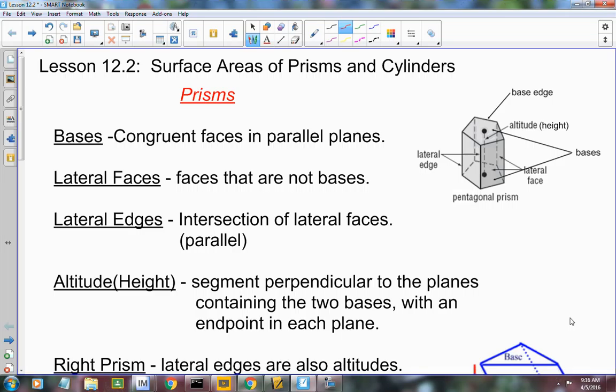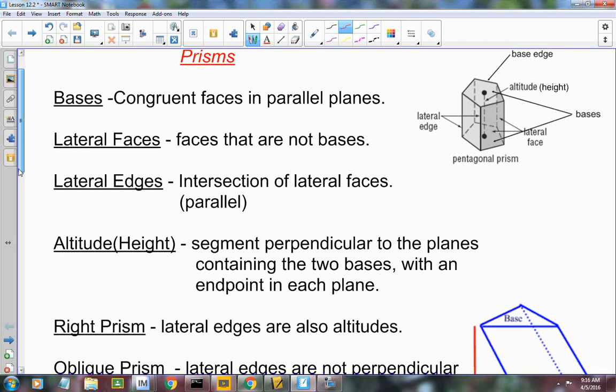Now, one thing we didn't talk about yesterday was the height. That is a segment that is perpendicular to the planes containing the two bases. So it is a segment that's perpendicular to both bases. In a right prism, which is what we're going to primarily deal with, your lateral edges also act as altitudes. Those edges are going to be perpendicular to both bases.